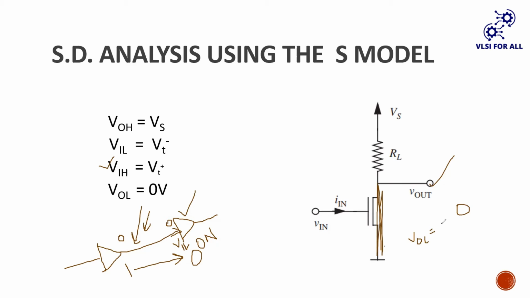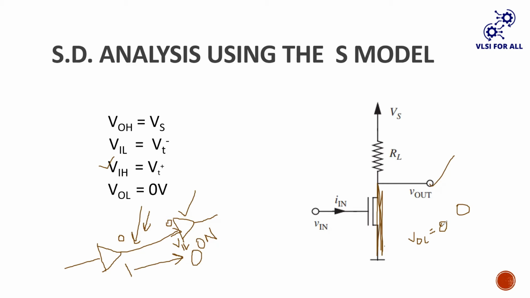If someone asks you what VOL is, it is the output voltage of a designed element to represent the output voltage as logical 0. For that, the VOL value must be 0, like here, the VOL value is 0 volts. Remember, guys, these are the static discipline values which you must denote.